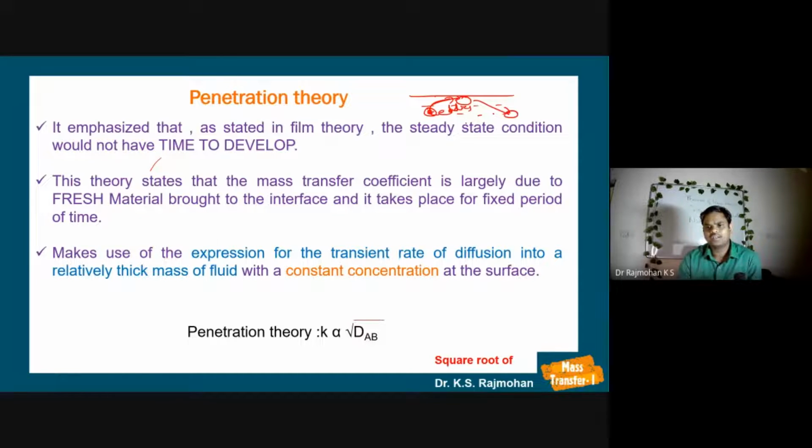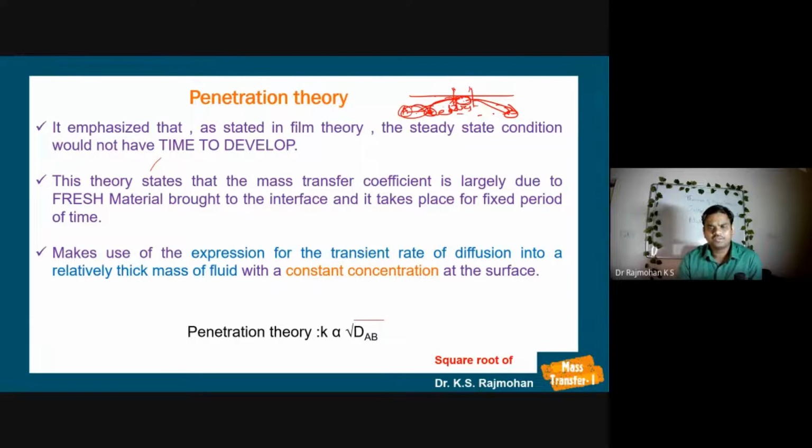I repeat, eddies will carry solute molecules A present in the liquid to the interface, and they stay for a certain period of time at the interface. Again that eddy goes into the bulk and dissipates. Okay, so particular time was spent by each molecule.